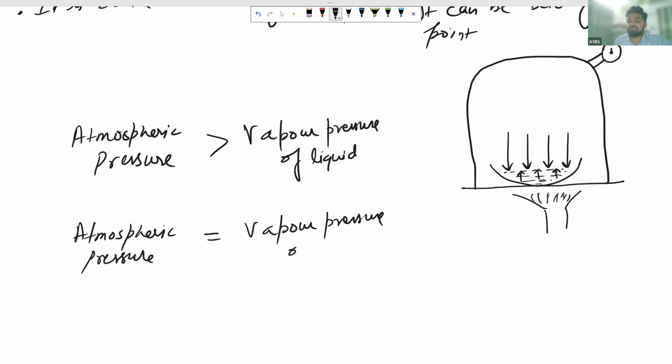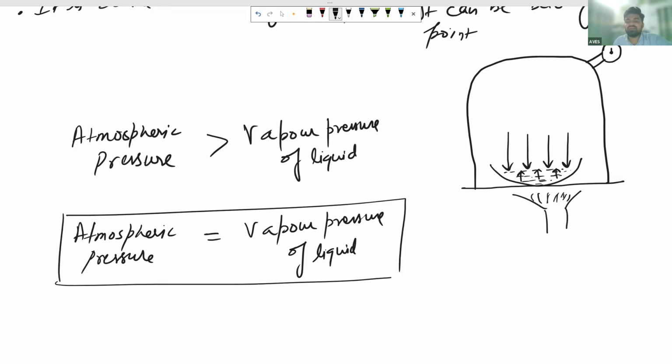Then the water particles can leave the surface, because the forces they exert are equal, so they can move freely. At this pressure the liquid will convert into gas.